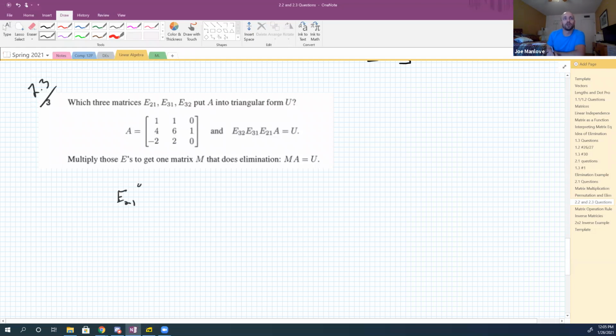So when I'm trying to construct E21, I'm thinking I need to subtract blank row 1 from row 2. What is the multiple I need to subtract here?